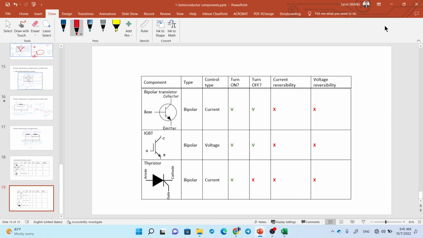And the next component is the transistor, bipolar transistor. This emitter connects to the ground, and this one connects to positive voltage. And you can send a signal to control it via the base.